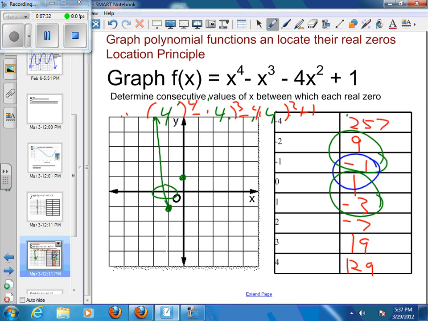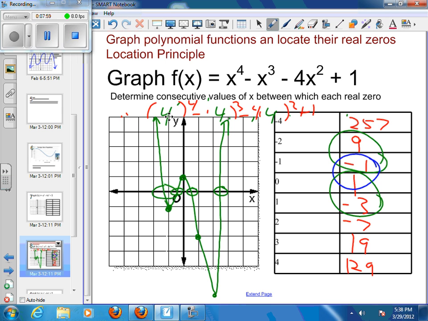At 1, I'm down at -3. And then I go down to -7, which is down here somewhere. And then at 3, I'm all the way back up at 19. So I am going steeply up here. I can just sketch this back in, and you can see I do get my lopsided W there with my zeros right along that x-axis.